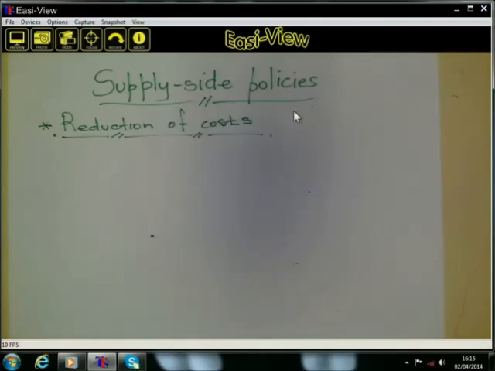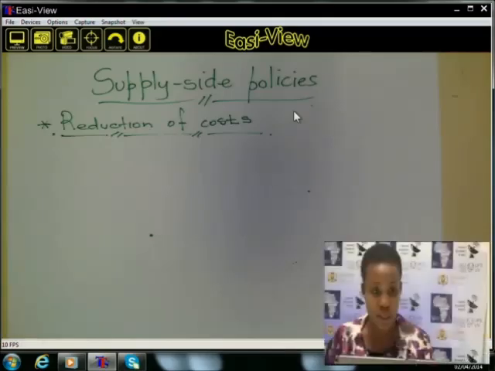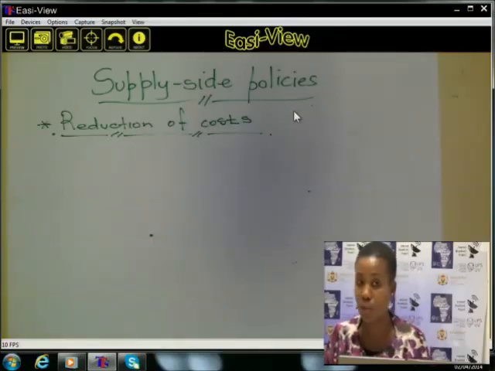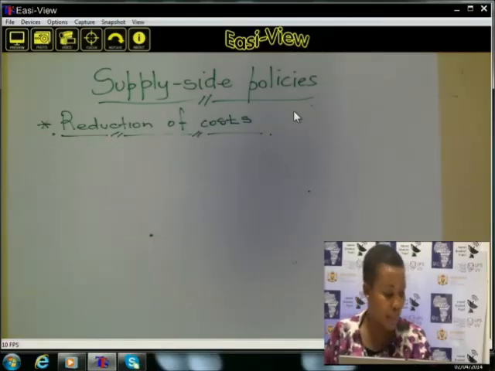Because if the price of making business is too high, it's a knock-on effect on our prices of food and our prices of other consumer goods. So when they reduce the costs, then automatically the business side is going to be nice to us as consumers as well, and they're going to be happy.